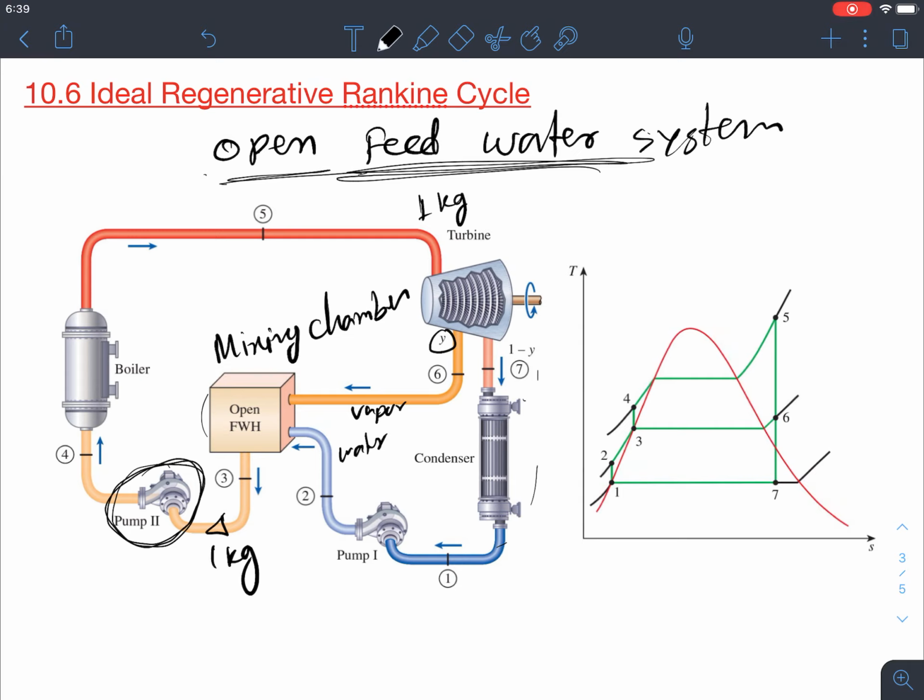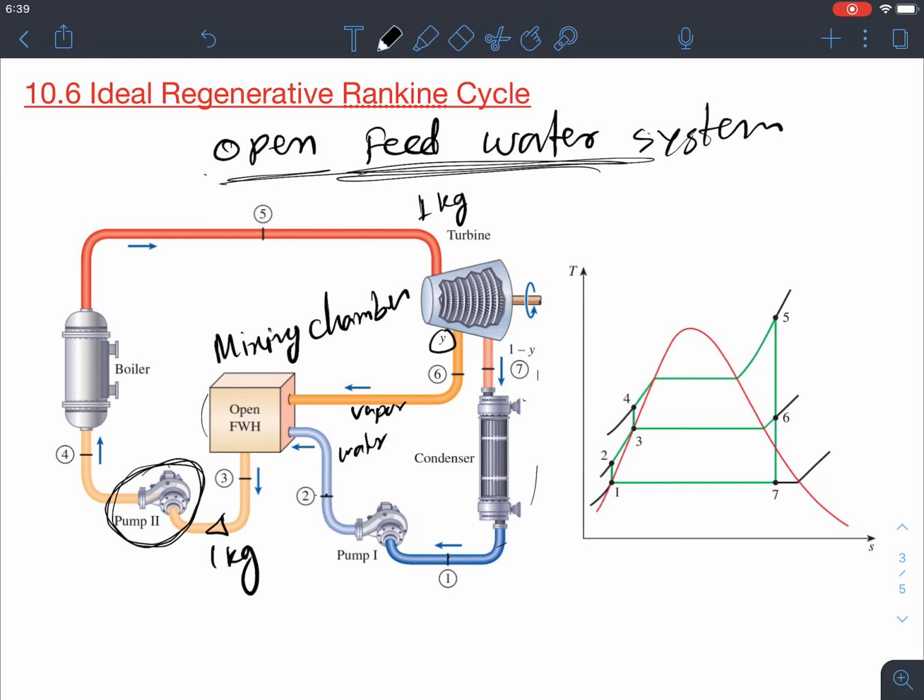So basically 1 to 2 is simply like the simple Rankine cycle. It's increasing the pressure. And then 2 to 3, what is happening here, it's mixing within this open feed water heating system.